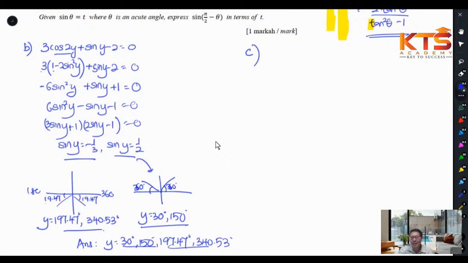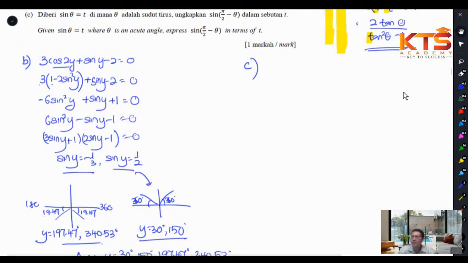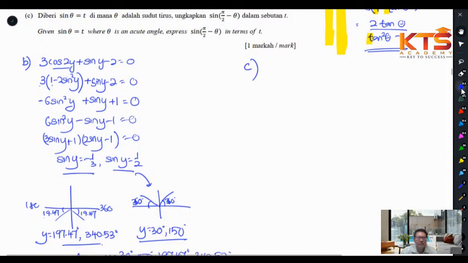Part C, Part C. Sine theta equals to T. Let me put my questions. The question is 1 mark only.